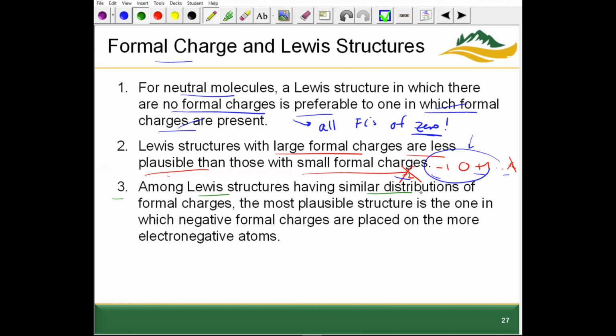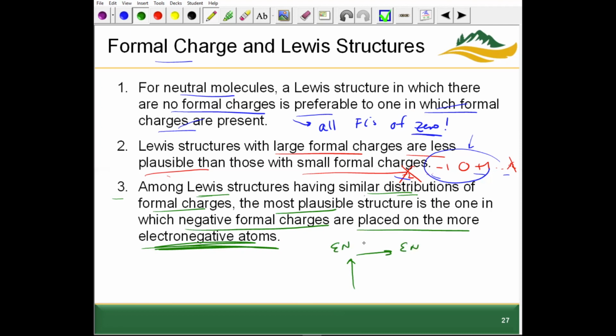Guideline number 3, among Lewis structures having similar distributions of formal charges, the most plausible structure is the one in which negative formal charges are placed on the more electronegative atoms. Electronegativity increases up a group and it increases going left to right.